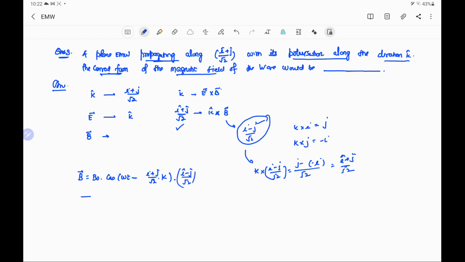Hence in this way this gives the magnetic field vector with the given information.